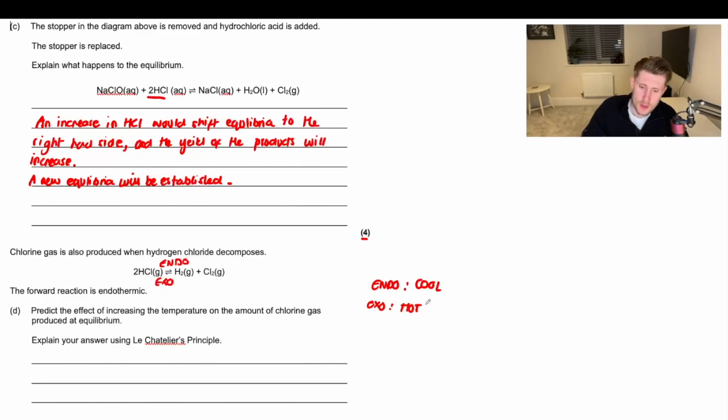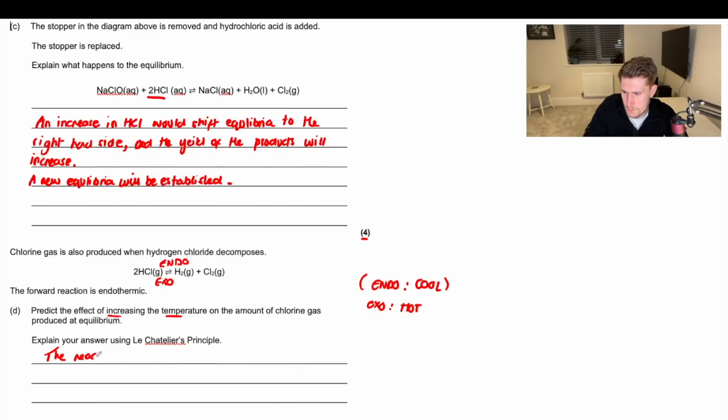Brilliant. So if you increase the temperature, if we make the reaction hotter, it's going to want to cool down. And if you look here at the right, the cool side is the endothermic side. So it's going to move to the right. It's going to move with the endothermic side. And the products, the chlorine in particular, will increase. So we can write that here.